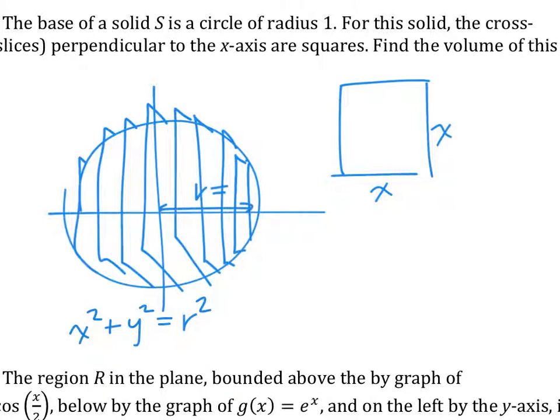And since we are perpendicular to the x-axis, that means this part is called y, and this part is y. Does that make sense? The length of the square is 2y because there's a part above, which is y, and a part below, which is y.